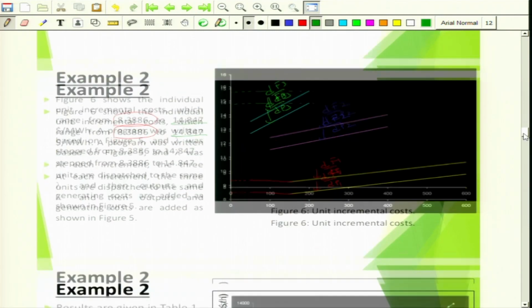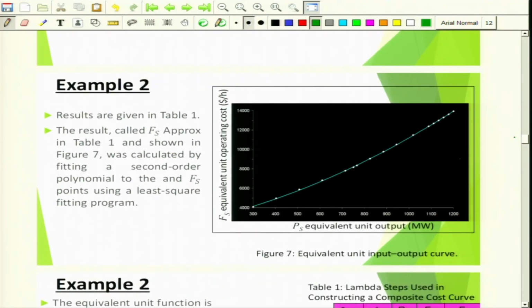I have a table to help you understand. Ultimately you would get these points and you connect those dots. In this case it is smoother because they are almost a linear increase.